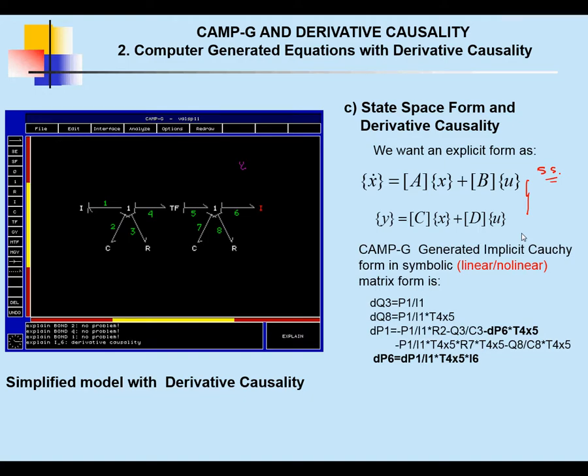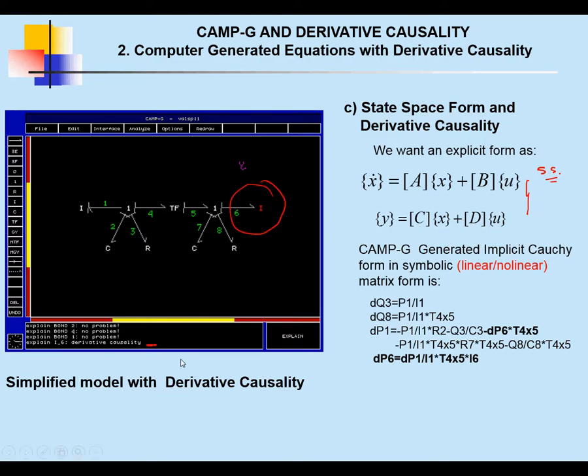Let's go back to the CAMP-generated implicit Cauchy form symbolic equations in this. If you process this into the CAMP-G software, the program is telling you there is derivative causality. See here, see what it says in here? It's talking about this, okay?